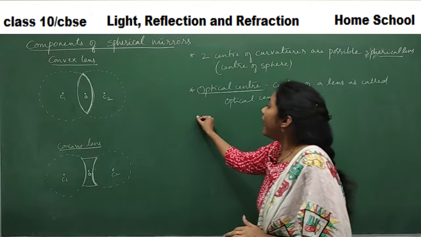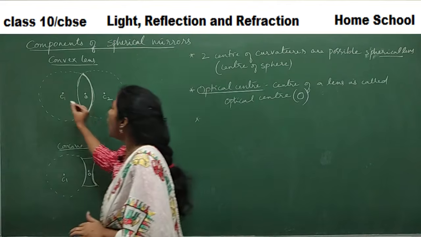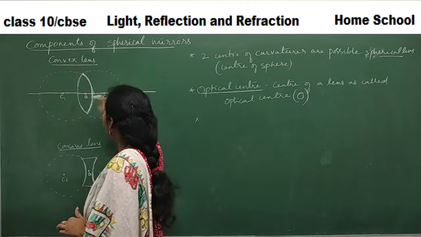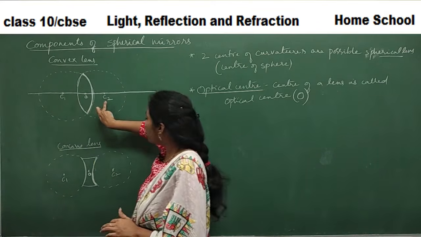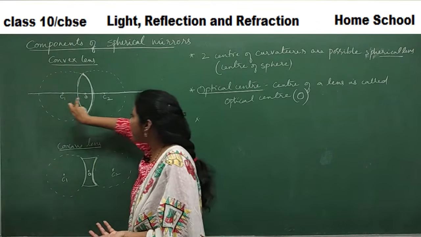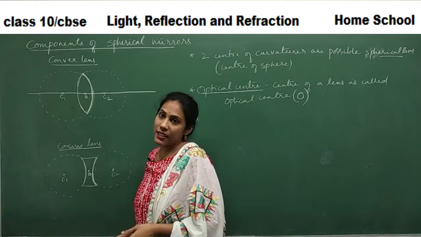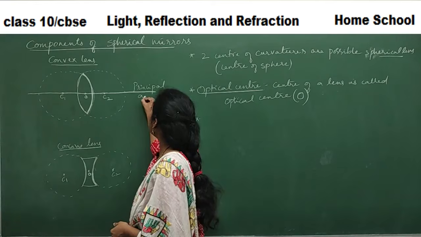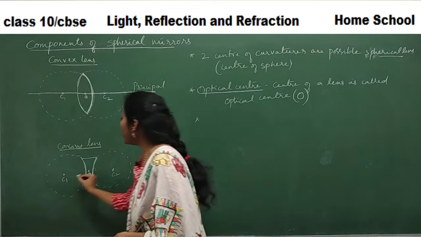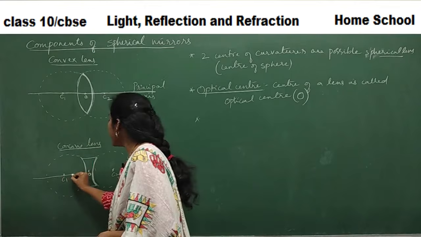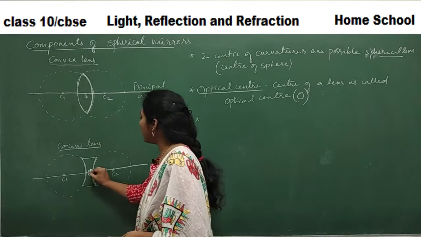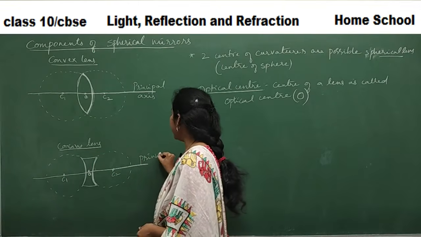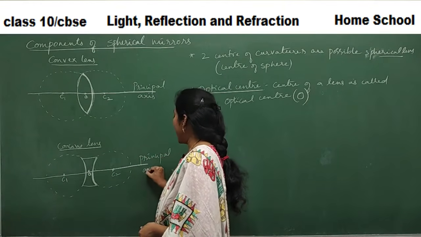Clear? Now if I draw an imaginary line joining the two centers of curvature with the optical center, this line we call the principal axis. Here also, if I join the two centers of curvature with the optical center, that imaginary line is our principal axis.